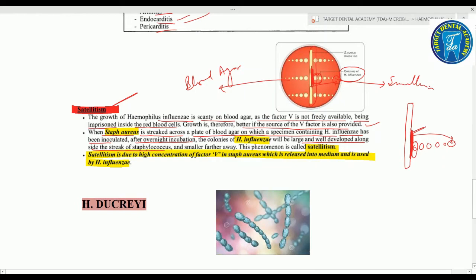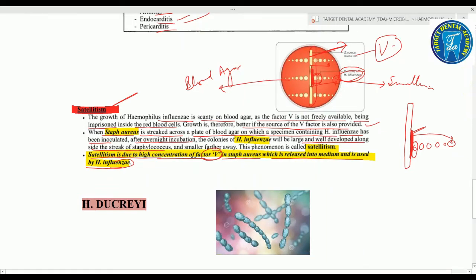The satellitism is due to the high concentration of factor V in the Staphylococcus aureus, which is released into the medium and used by H. influenzae. So this is all about Haemophilus influenzae.